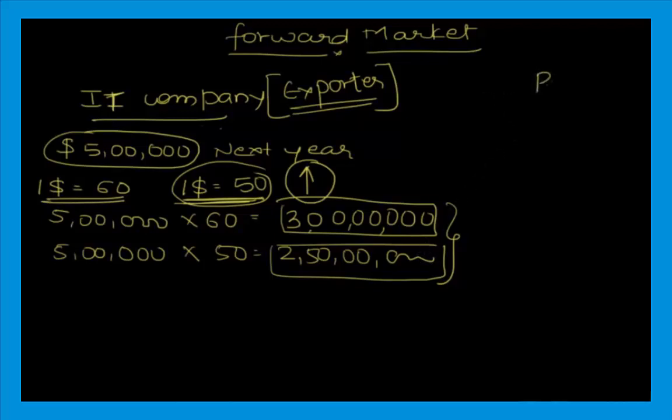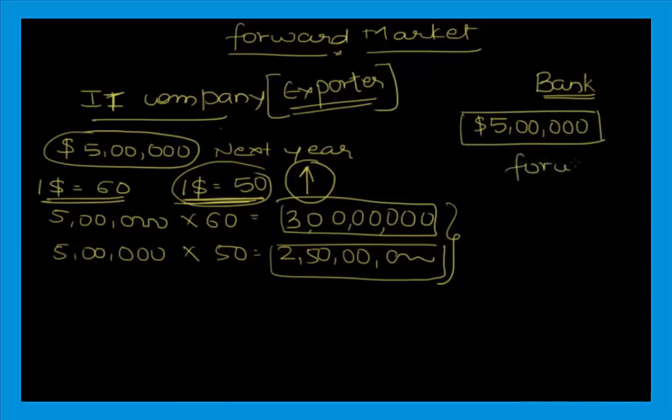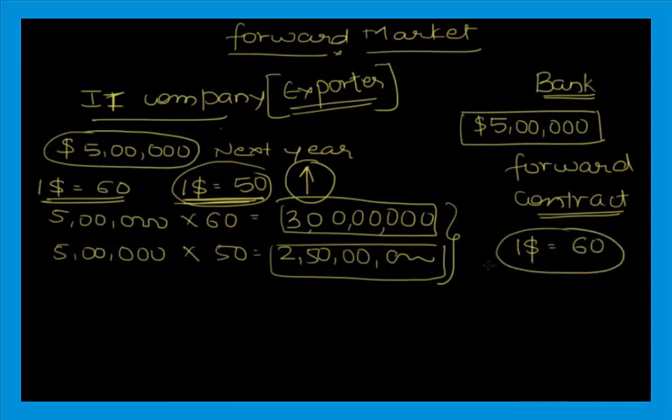So I approach the bank. I tell the bank that I'm supposed to receive $5 million next year. I want to sign a forward contract with you at the current rate of $1 equal to 60 rupees. Now what does this mean?